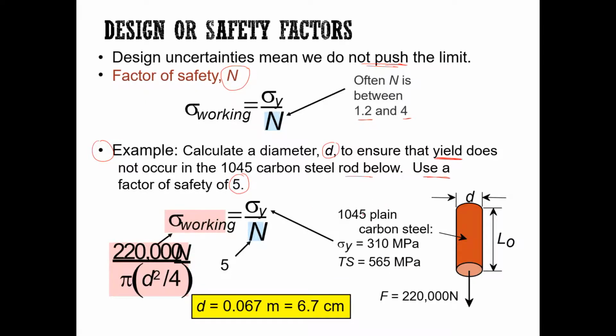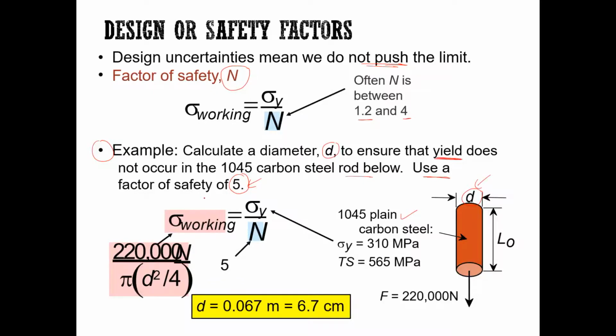We have 1045 plain carbon steel. Say you want to make some cable. We want to design the minimum diameter for this particular application, this particular cable, by considering the safety factor, which is 5.